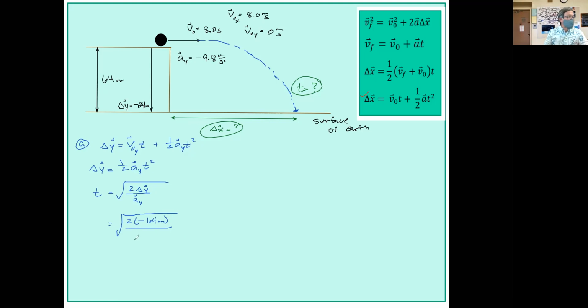Then the acceleration along the y is negative 9.8 meters per second squared. Plugging that in, we get our answer of 3.6 seconds. That's the amount of time it takes to fall down toward the ground.